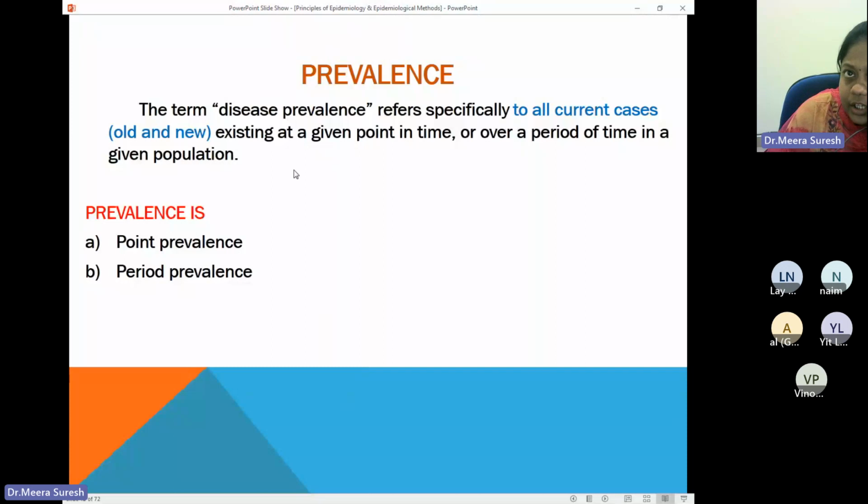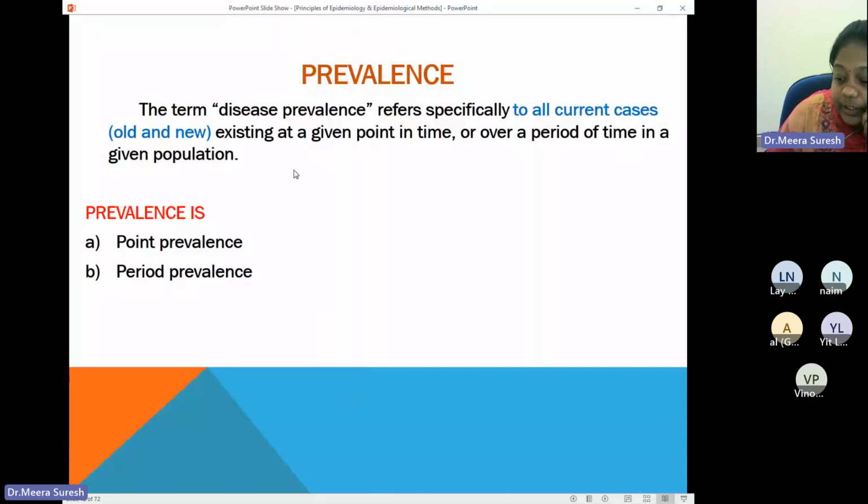Maybe there are people diagnosed in 2021, 2020, or 2010. In case of incidence, you consider only those people who were diagnosed in that particular year. You are not going to include the people who still have TB but were diagnosed in 2021 or 2020 or any year previously.